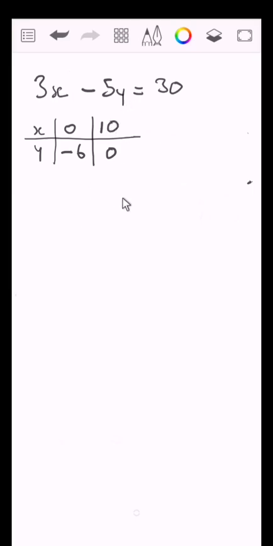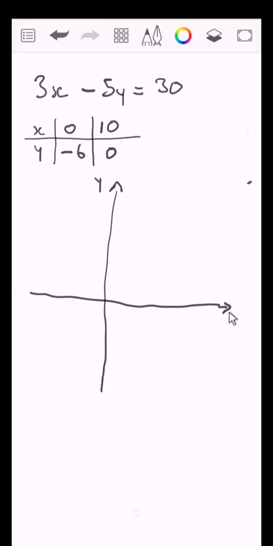So if we draw the line on this plane, this is our plane, y here and x here. When x is 0, y is minus 6, so at minus 6 we have our first point here.